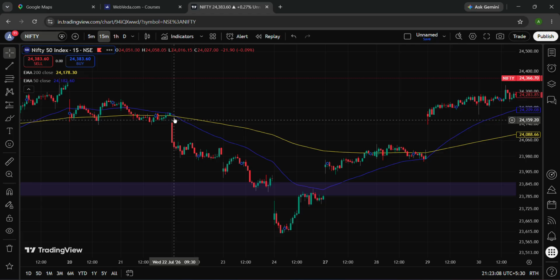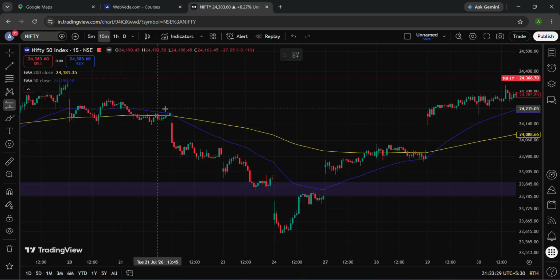If you just trade on that EMA, here you will find your trade, and that golden crossover literally works in the market so accurately. Here you will sell, and this is the profit that you can book.